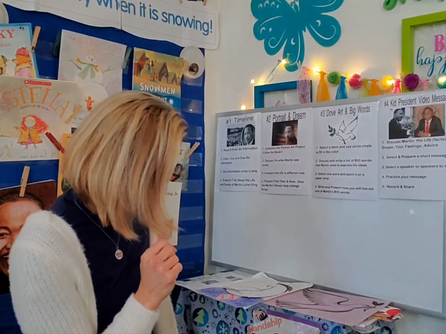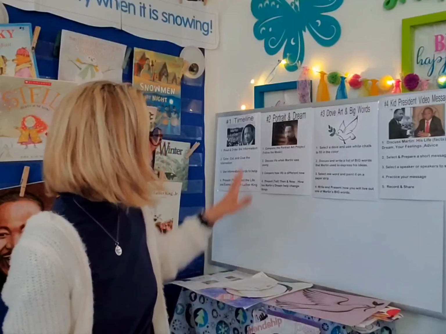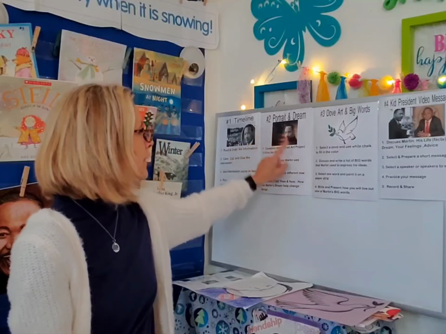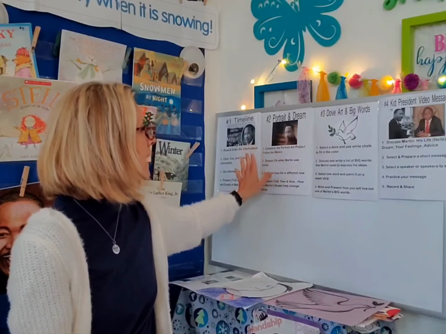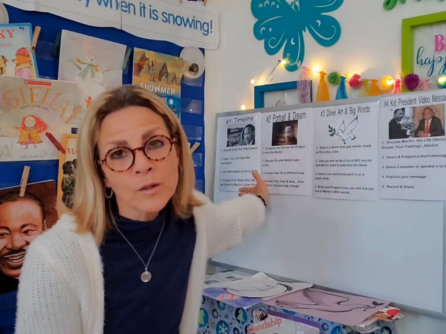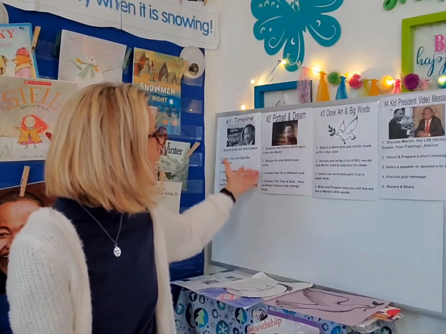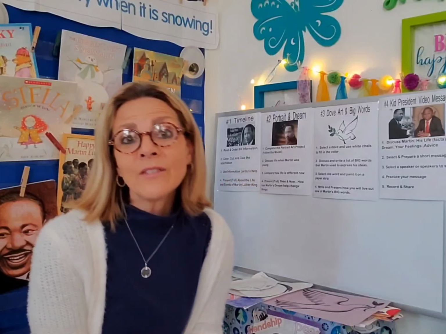And then my directions say for them to do the portrait project, and discuss the life of Martin Luther King as they're working, when he was young, even communicate with each other how maybe things were, what life was like when he was young and how life is different now.